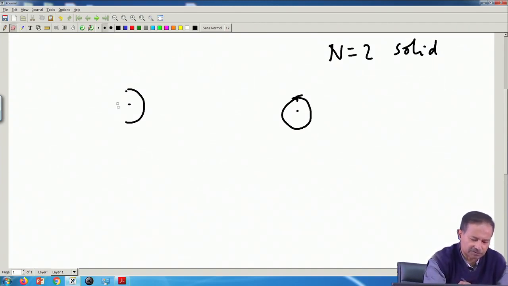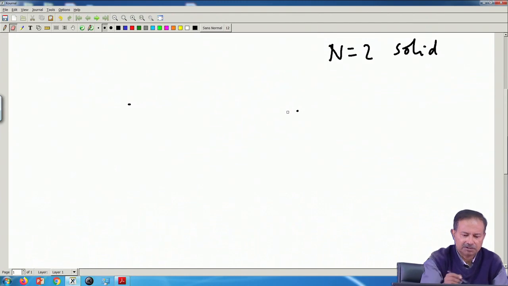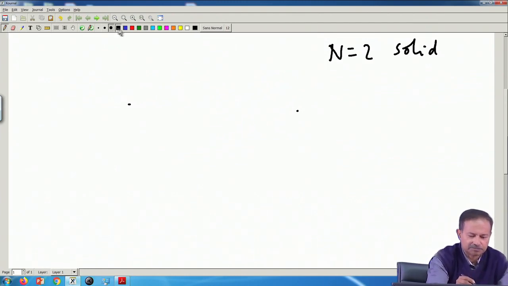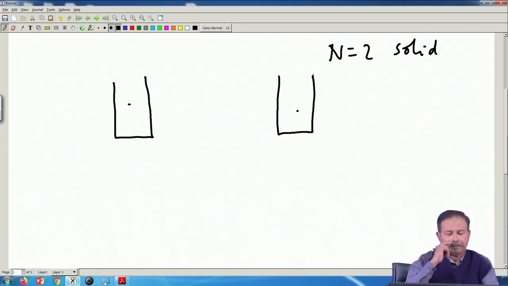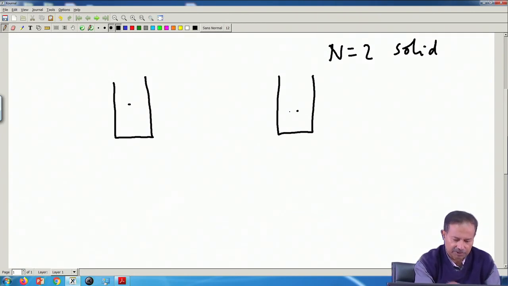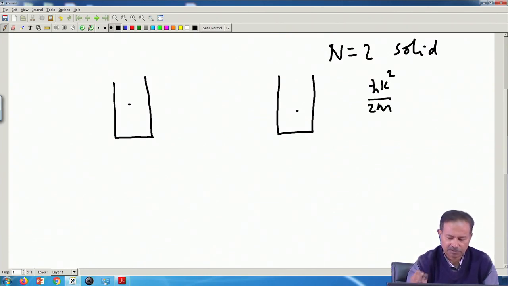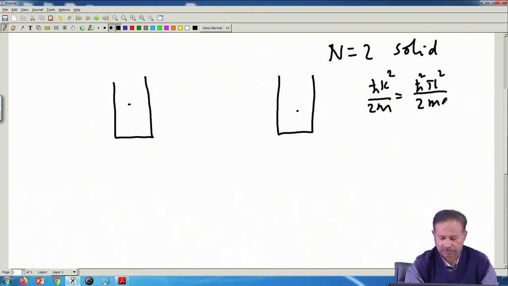Let me just remove these orbitals and consider, as I did the other day, a simple example of 2 particles in a box, and I argued that the energy of individual orbitals, individual particles in a box, is h cross square k square by twice m, where k is pi by a. So, h cross square pi square by twice m a square.